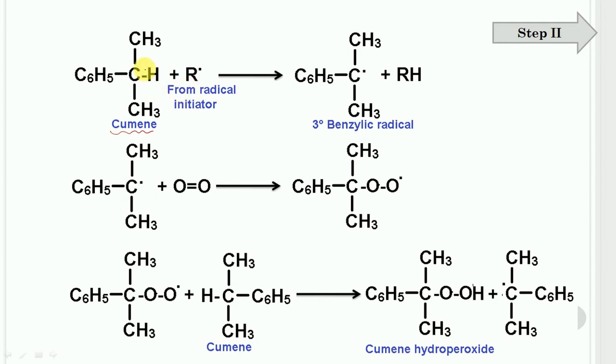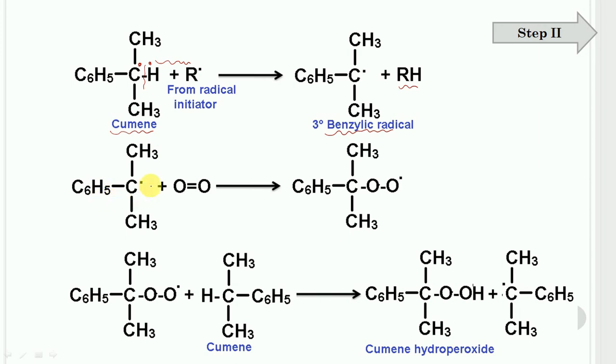This bond can break homolytically, and each electron is shared by the two atoms. So there is a bond formation, and it will give tertiary benzylic radical and alkane.